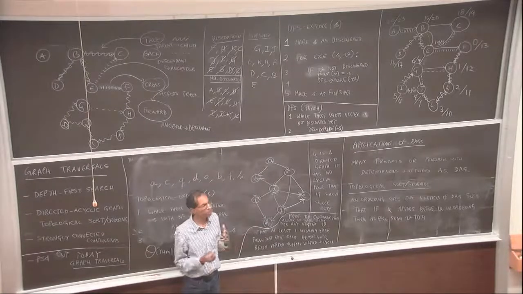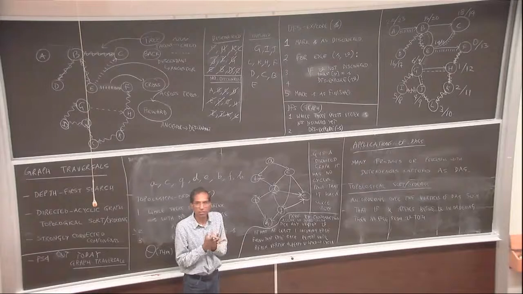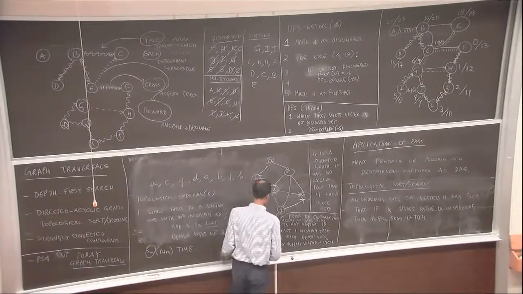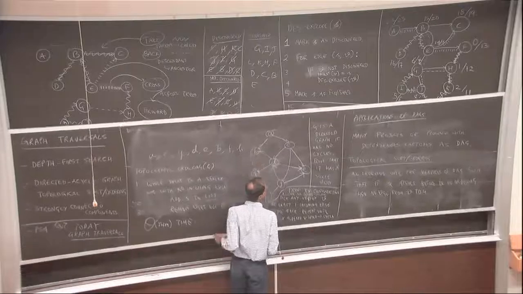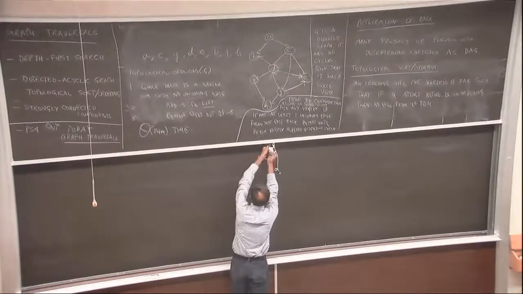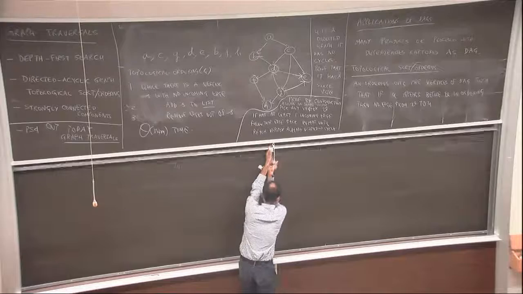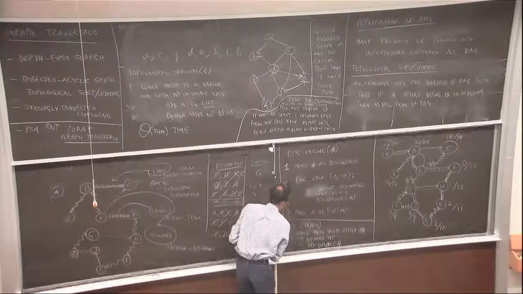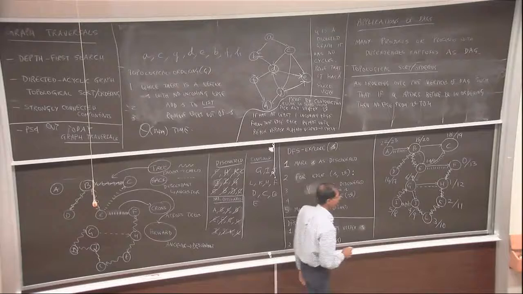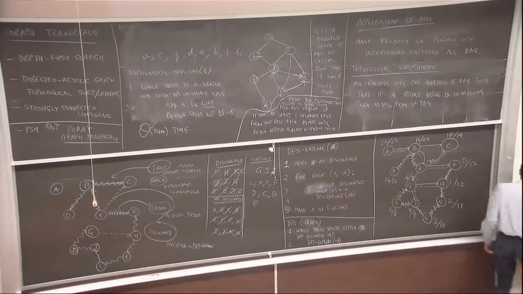So what does connectivity mean in a directed graph? There's a very nice notion, and that notion is what's called the strongly connected notion. The nice thing about an undirected graph was that the notion of connectivity is symmetric.